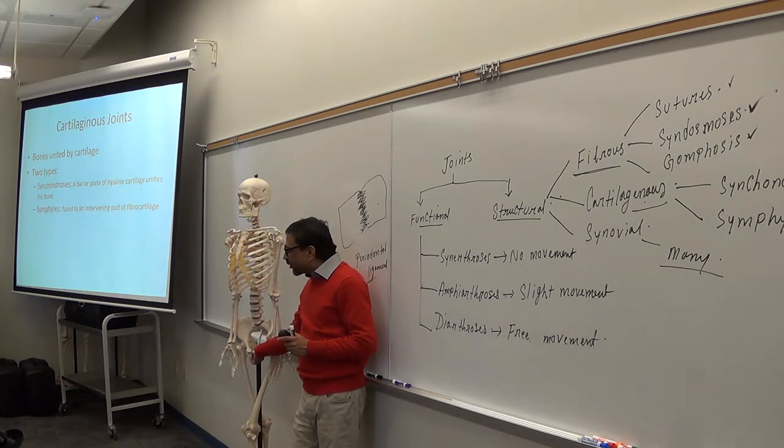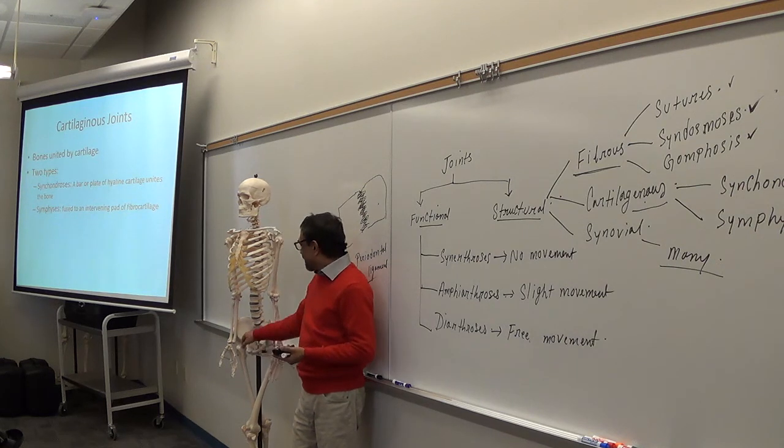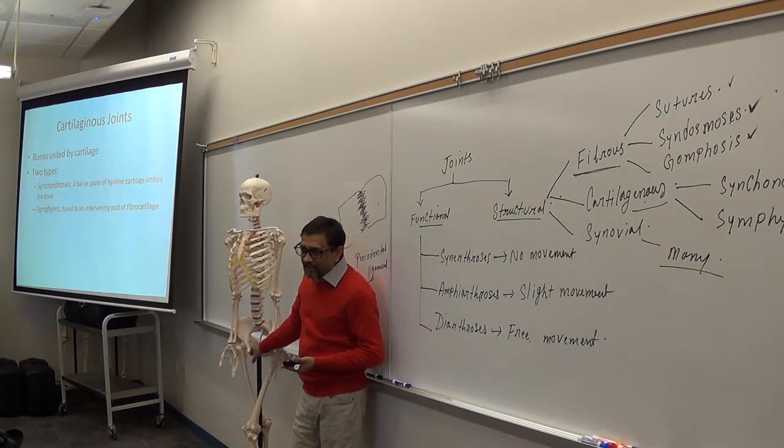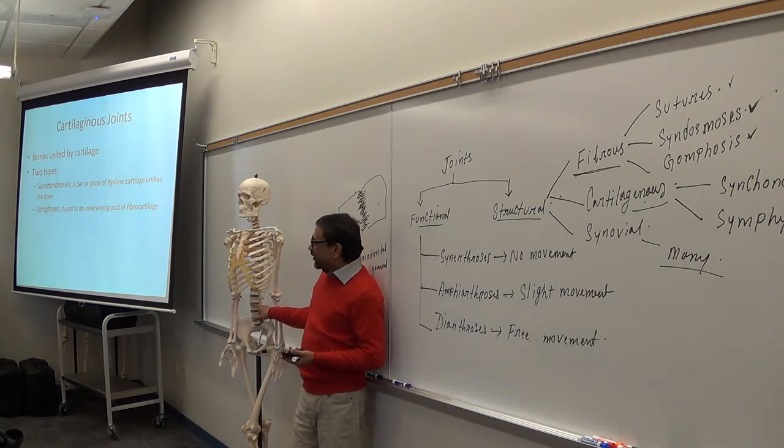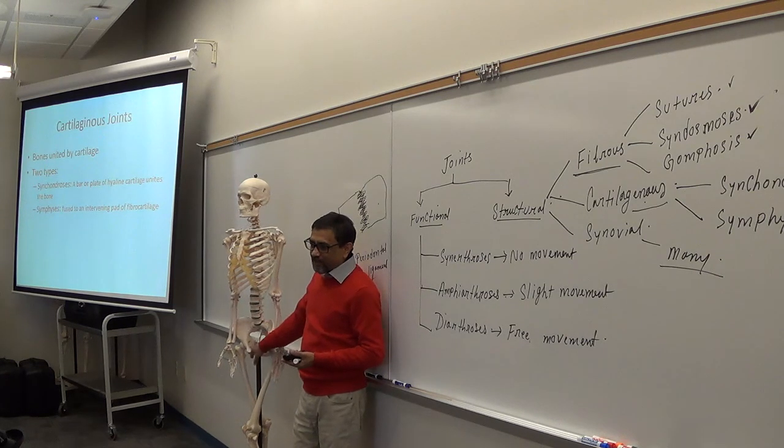Yeah, its name is telling you symphysis, right? So it is a symphysis type joint, and it is a fibrocartilage. This is another symphysis joint, intervertebral disc. The vertebrae are connected to each other because this is also fibrocartilage. So these are the examples of symphysis type joint.